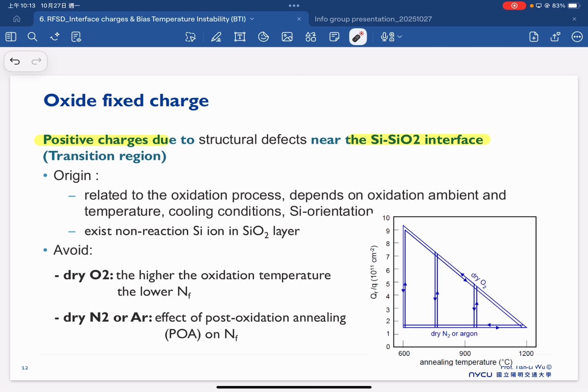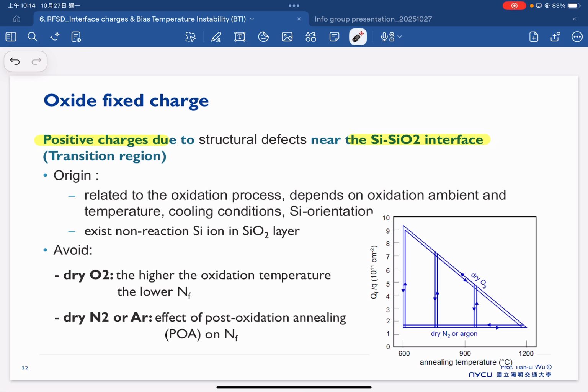This is related to the oxidation process, depending on oxidation ambient and temperature, cooling condition, and even the silicon orientations. So, of course, it is very difficult to justify one pure origin, because this fixed charge will highly depend on your substrate and the condition when you do the oxidation.